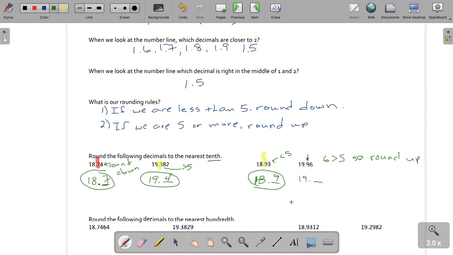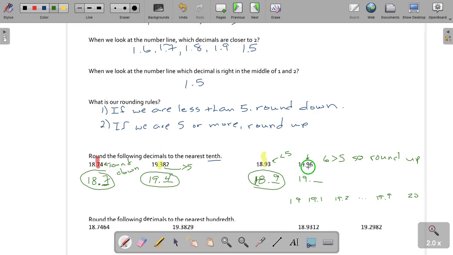Okay, well, if I've got 19 right here, and then I've got 19 and 1 tenths, 19 and 2 tenths, and all the way over here I've got 19 and 9 tenths. What's the next number? The next number is 20. So this one, I can't round 6. I can't call that a 10.